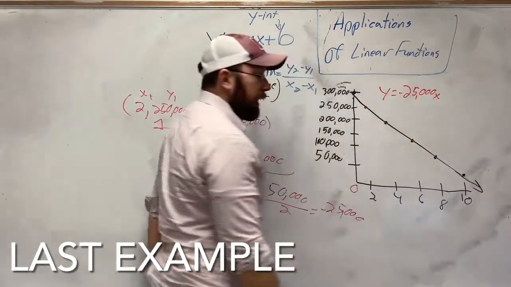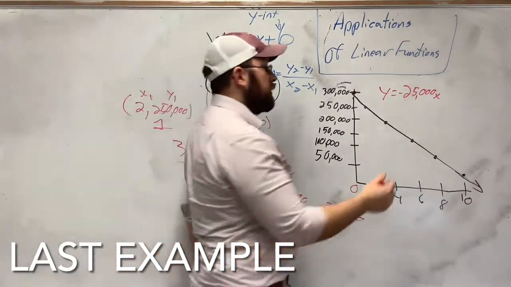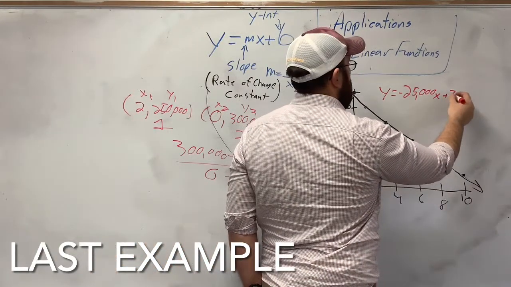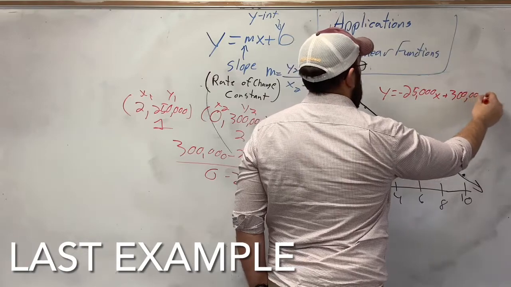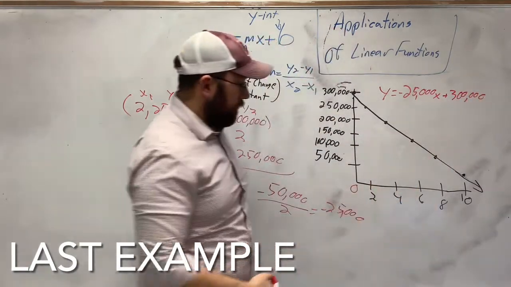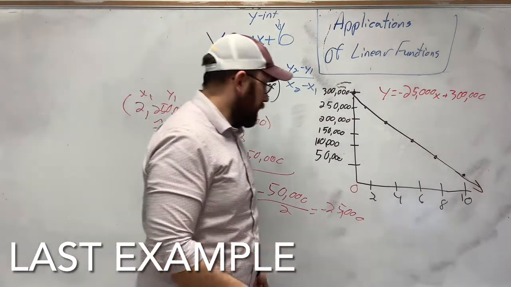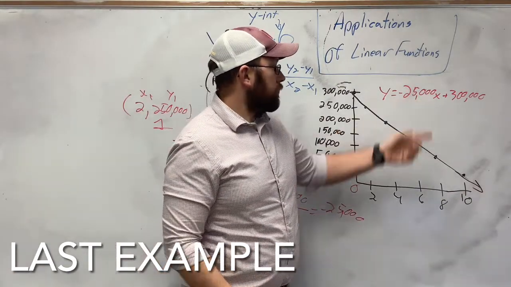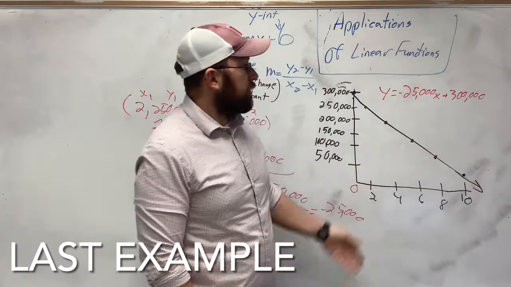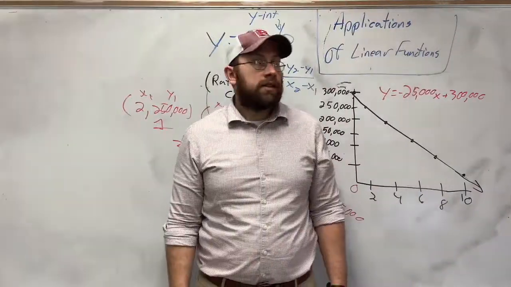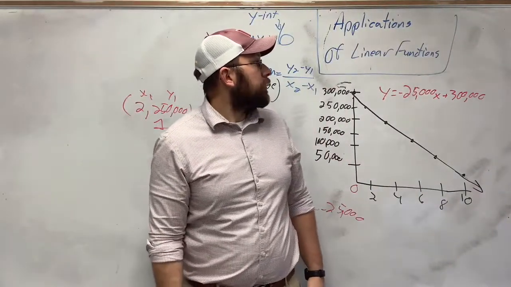Now I just have to find my y-intercept. What is it? It's right there. So for every, whatever amount of time this is, let's say hours, for every 2 hours, you burn 25,000 of whatever.